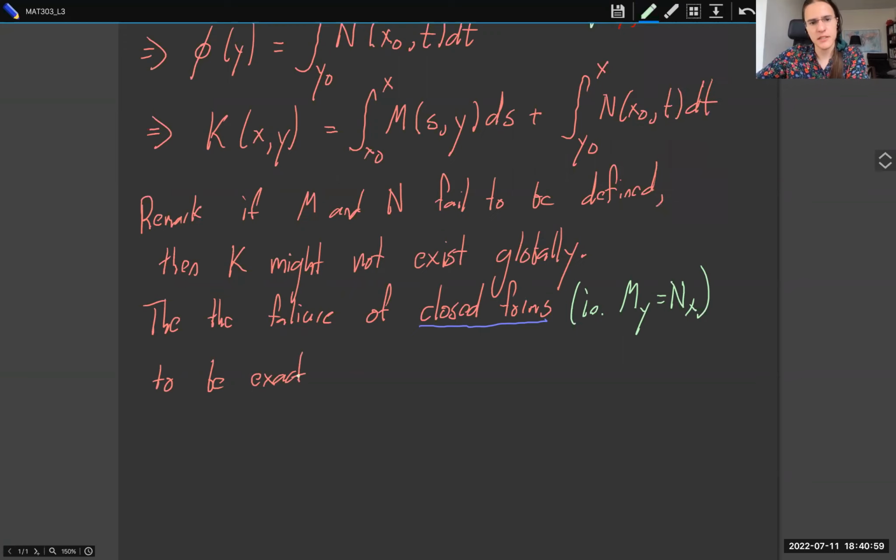which means M dx plus N dy is equal to dk. So this is measured in mathematics by something called cohomology.